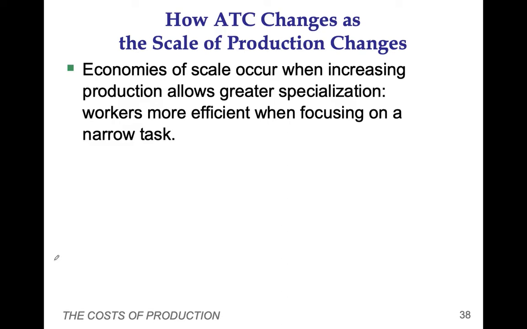So they are doing the same task every day. The worker is not called to do many tasks at the same time. No, there is specialization, and this specialization makes the worker more efficient. And because the worker is more efficient, the costs of production will naturally decrease.